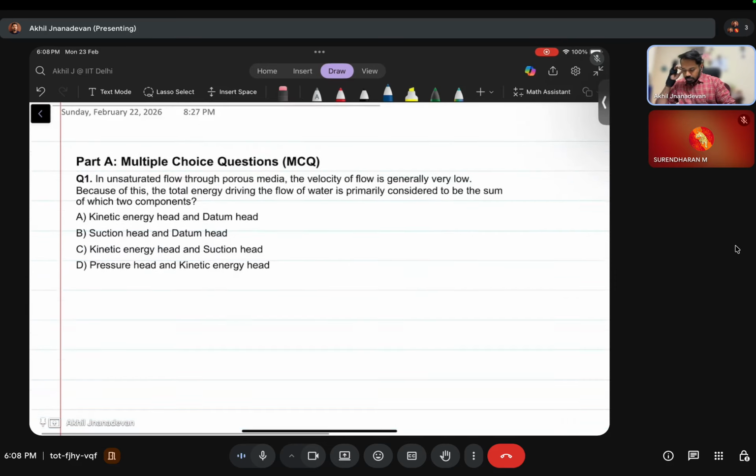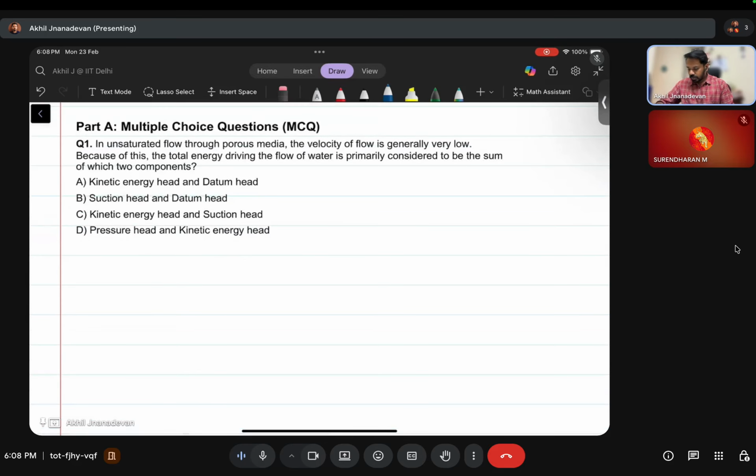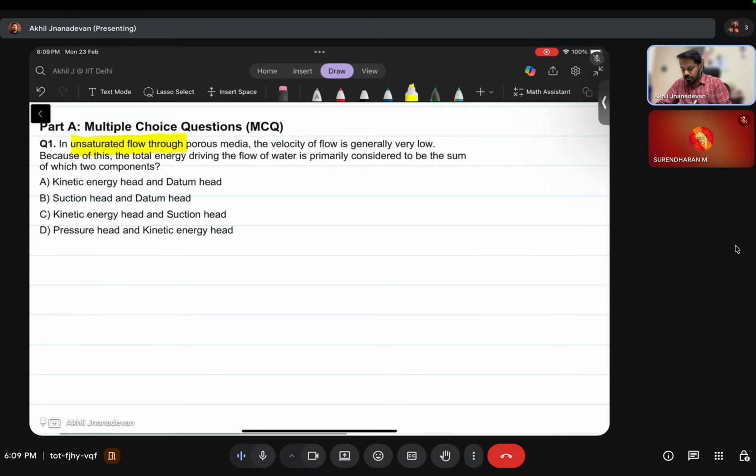Okay, so we can start with the very first question, that is on unsaturated flow. So we are dealing with the unsaturated portion. Before I start, I will give a brief about what is there in the subsurface. We already saw what happened on the surface, but we have not covered the runoff part, which we'll cover in the coming lectures.